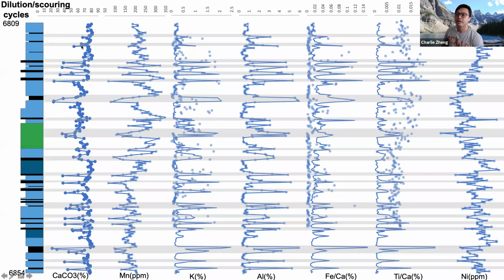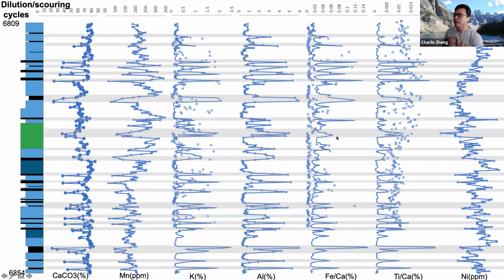And then dilution cycles in the upper part of the Austin chalk: the carbonate content drop lined up with the manganese drop as well, but then it tied with the increased terrestrial inputs. So these potassium, aluminum, these are all terrestrial signals.